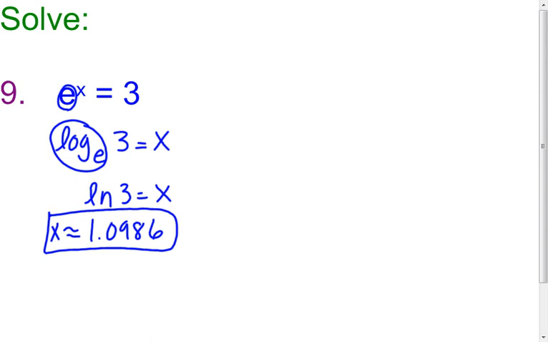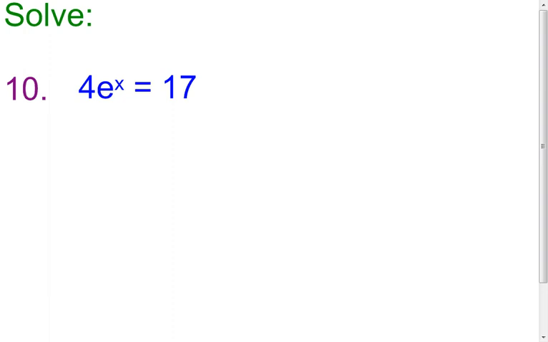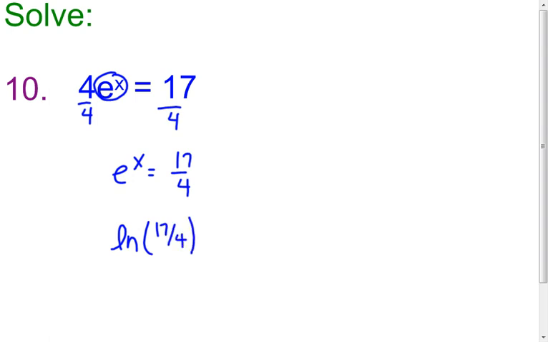So I hope you can figure out a shortcut with these, and I'm going to take that shortcut. I want to isolate this, so I'm going to divide by 4, and then I have e to the x equals 17/4. If you need to switch that to logarithmic form first, that's great. Hopefully you're realizing that you can take the shortcut: the natural log of 17/4 will be x.